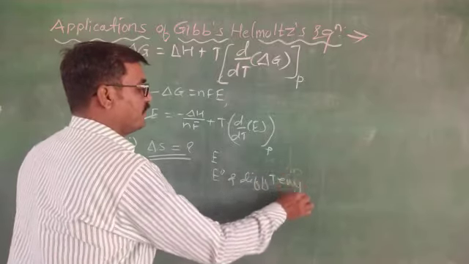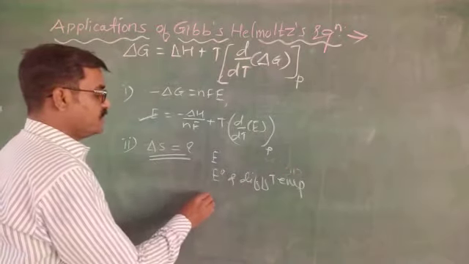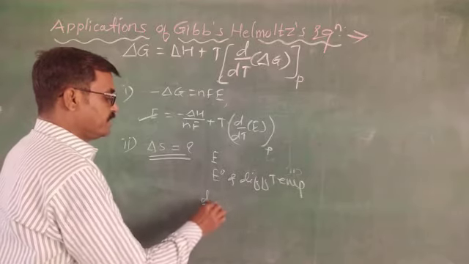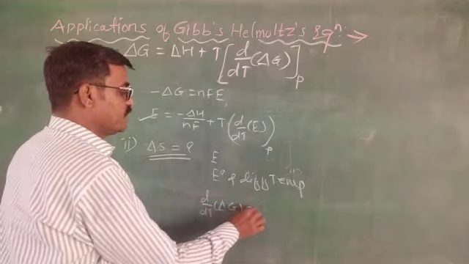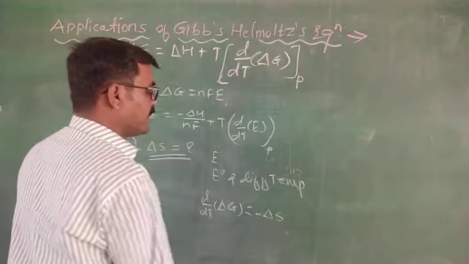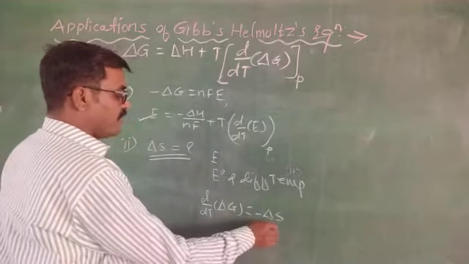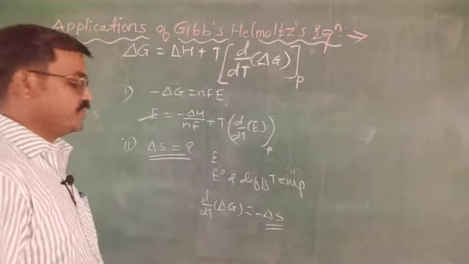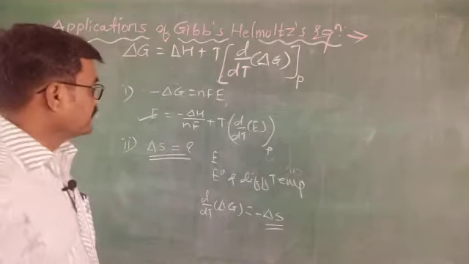If you know this, then you know the relationship, that is d/dT of delta G is equal to minus delta S. Now from this you are able to find out the entropy change. This is the second application.